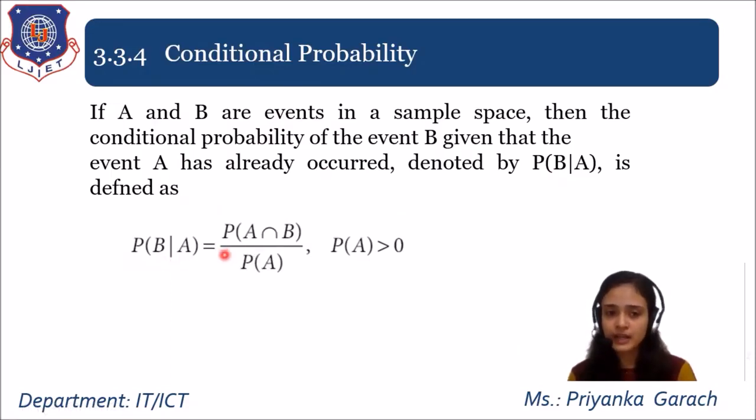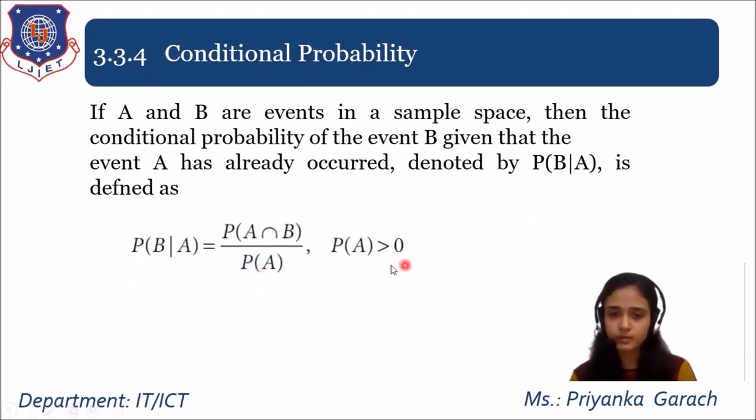Its formula is the probability of A intersection B divided by the probability of the event that has already occurred. So this A has already occurred, so we write the probability of A in the denominator.